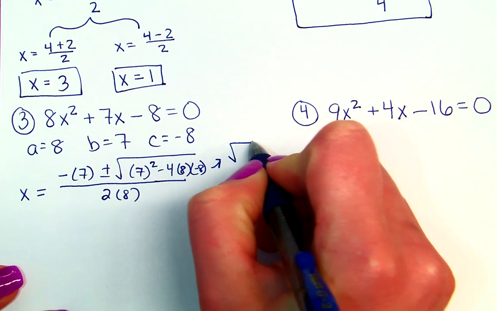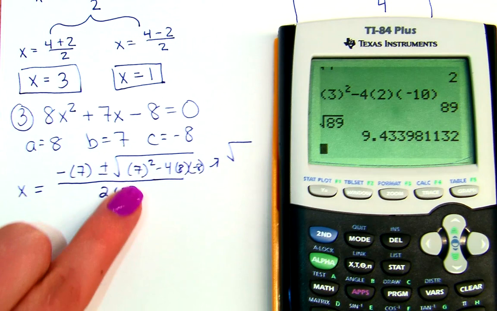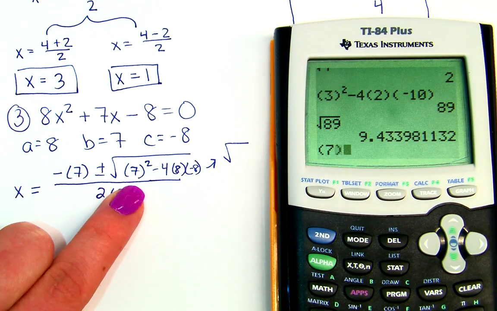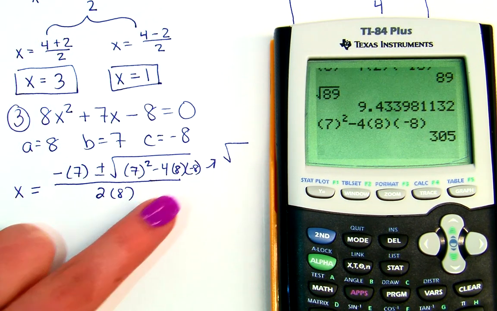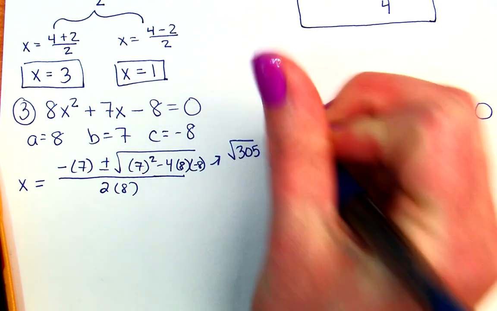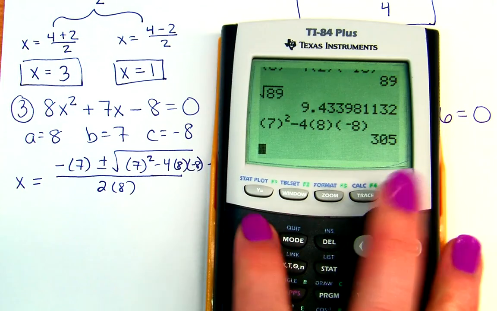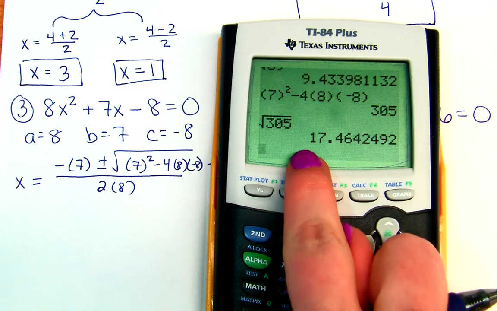My radical comes off to the side. I do what's underneath the radical. That's actually called a discriminant. Okay, 7 squared minus 4 times 8 times negative 8, and I get 305. So I start by writing radical 305, and now I try to evaluate that radical, because you never know. Some numbers like this, we don't know if it has a square root, but it does not.